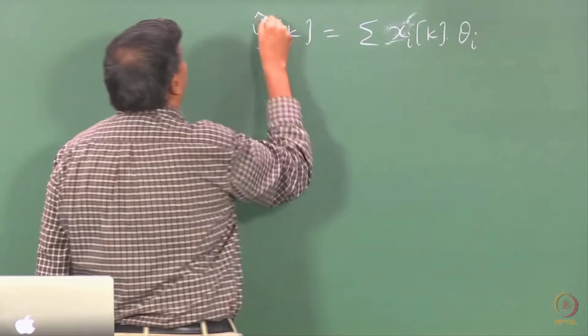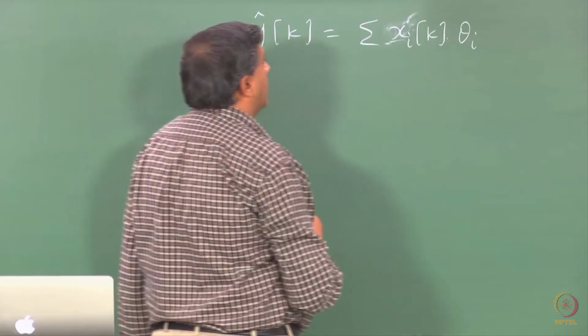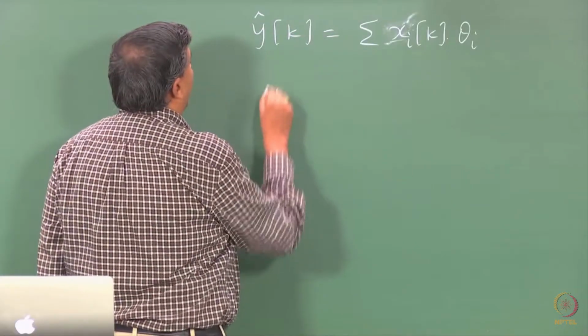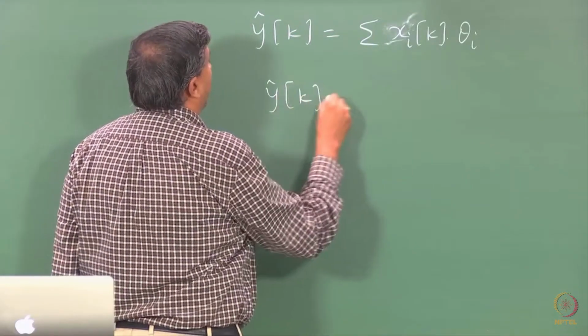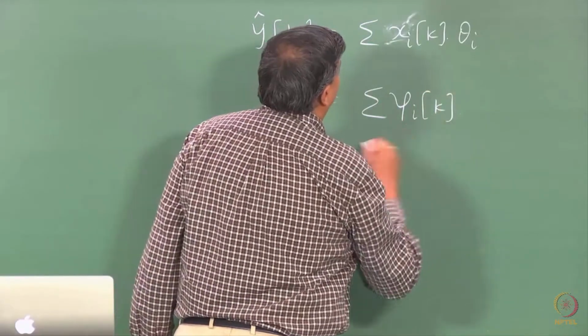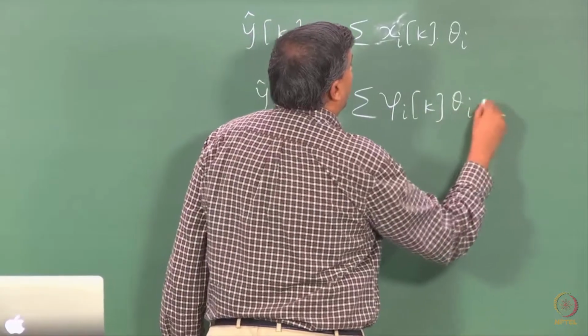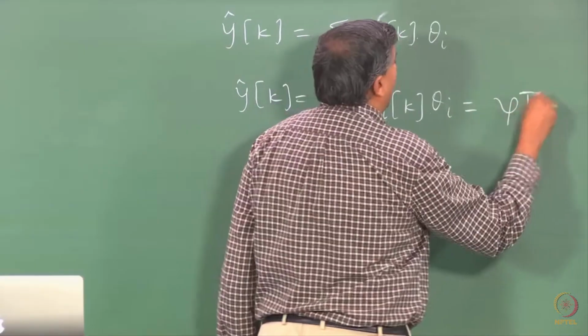This is the approximation, but in the equations that I show you on the slide, we have a different notation for the regressors, where we replace x with psi, which can be of course written in a vector form.